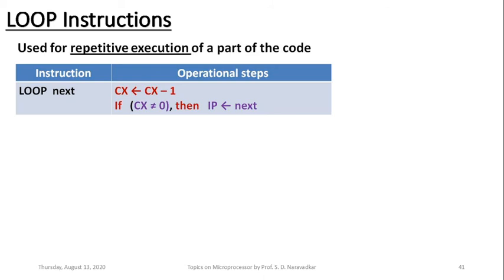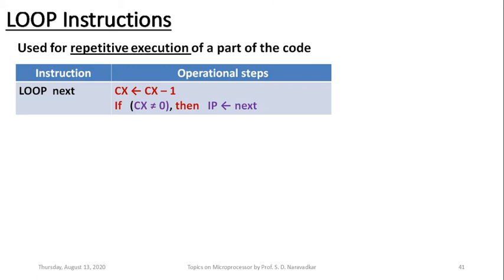And then in the subsequent step, if CX is not equal to 0, then and only then the offset address given by this label next will be loaded to the instruction pointer. And then the repetition of that same set of instruction code takes place.